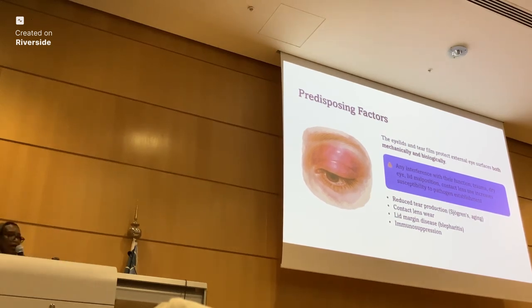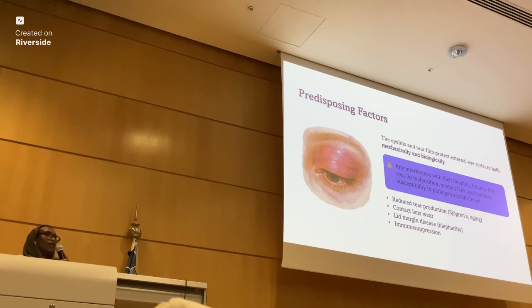If your conjunctiva is affected, you get conjunctivitis, true? If your cornea is involved, you get keratitis, true? So it depends also on whether it's viral, bacterial, parasitic or fungal. So it really depends on both the etiological agents and also the anatomical site where the infection happened. True?